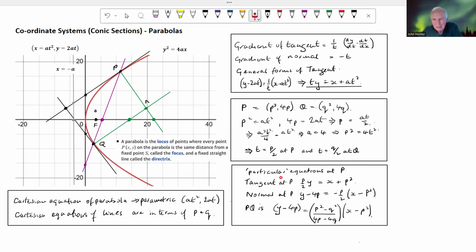So I put this in apostrophes here, particular equations, because when we realize this, the tangent equation for, let's say, t equals p over 2, we get this. Now, this is all right. We don't know p, but P is a real point. We know the coordinates of P are given to us here. It's just that we don't know the value of p.